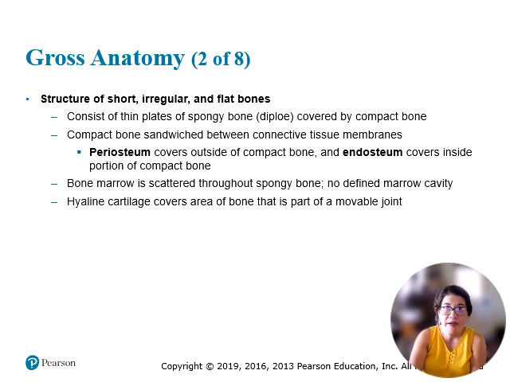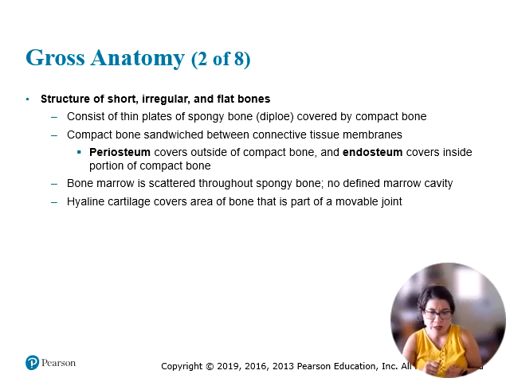Okay, the compact and spongy bone is for long bones. I don't think I said that. If you have short or irregular or flat bones, they have a different structure because they're mostly compact bone. You're not going to see as much marrow and as much spongy bone. And they have this periosteum, and that's the outside part of the bone.